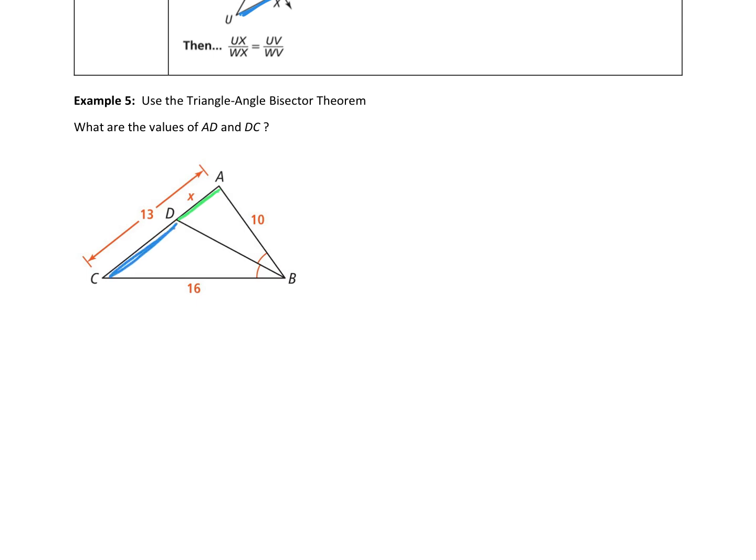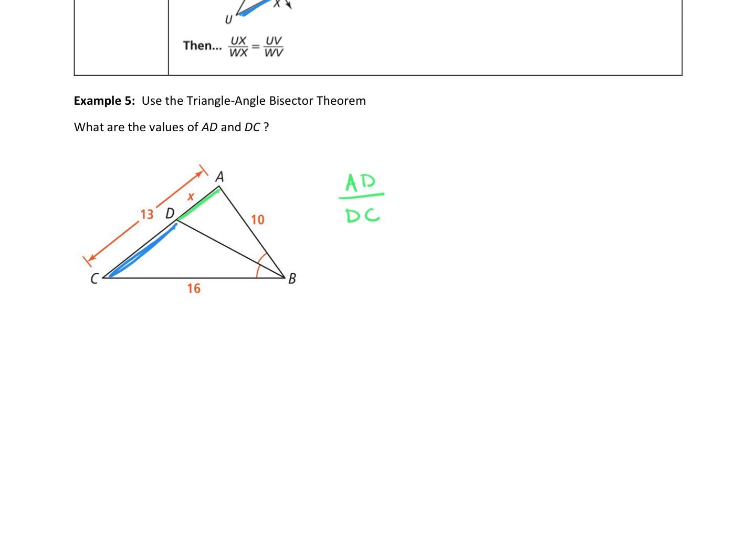So the angle bisector theorem says that if we take AD, one of those segments, and put it over the other segment, DC, so here's our angle bisector. It hit the opposite side, giving us two segments. So you put one over the other.